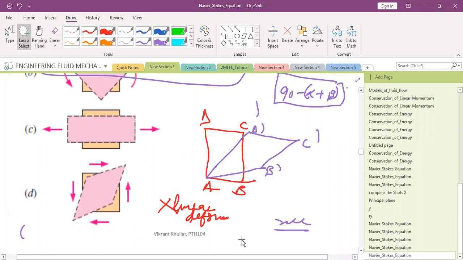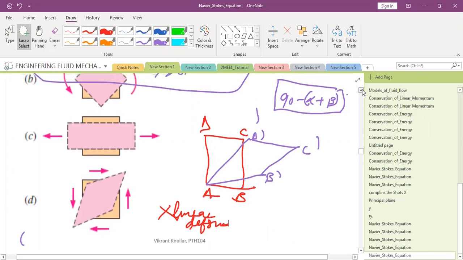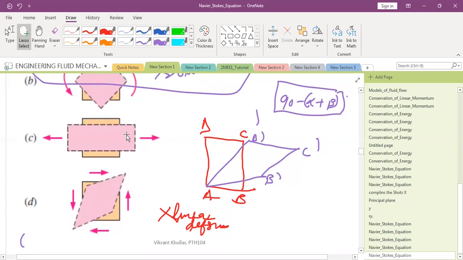Please remember, when I was defining linear deformation, although the fluid element will undergo all the processes simultaneously, I could treat them individually and then simply add the effects together. So in this case also, I am simply taking the effect of angular deformation, although the fluid element will be under the action of all these processes, A to E.